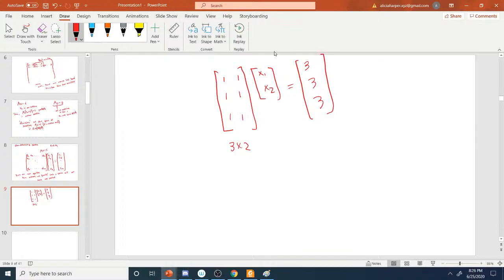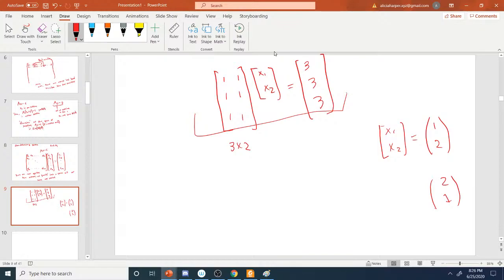So this is an overdetermined system. But even though it's overdetermined, it still has a solution because I can, for example, just take x1, x2 to be equal to 1 and 2, or I could have also done 2 and 1. Many such combinations work.